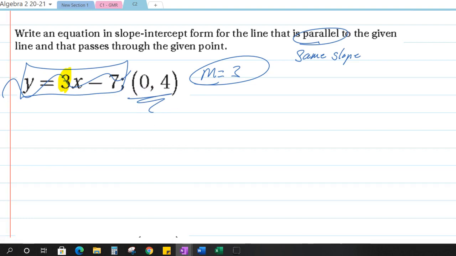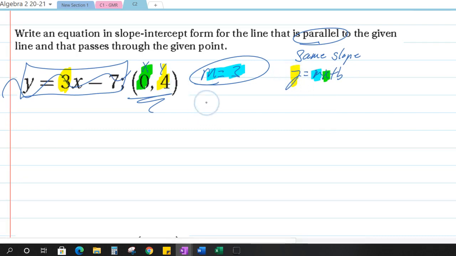There's two ways of doing this. You can watch the video on point slope form to see both ways. Here, this is the way I prefer to do it. X comma y, plug it into y equals mx plus b. My y will be 4. My m is 3. And my x is 0. We literally just plug those in.